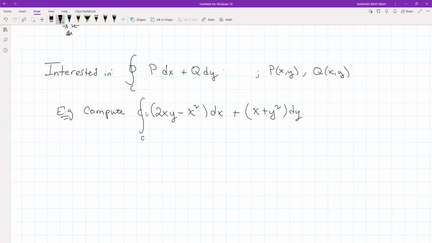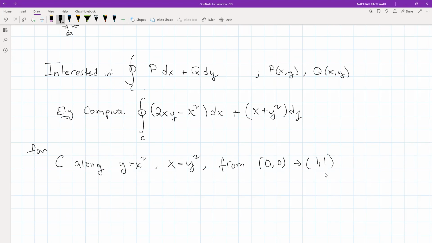So this is a closed curve, and then C is along y equals to x squared and x equals to y squared, from point 0, 0 to 1, 1. Okay, so it's given, everything is given.